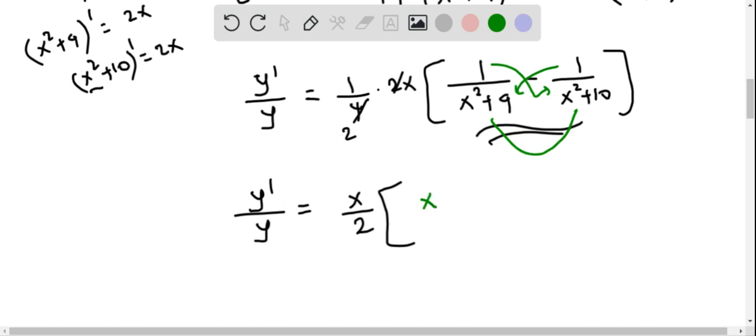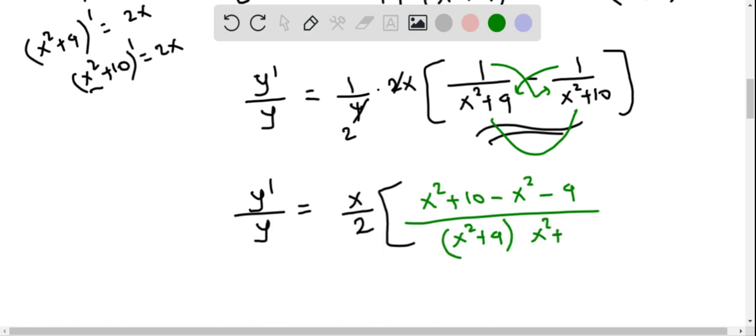So I put x squared plus 10, and minus 1 times x squared plus 9 is minus x squared minus 9, all over the product of the terms in the denominator, which is x squared plus 9 times x squared plus 10.